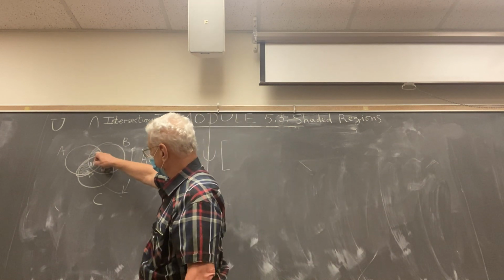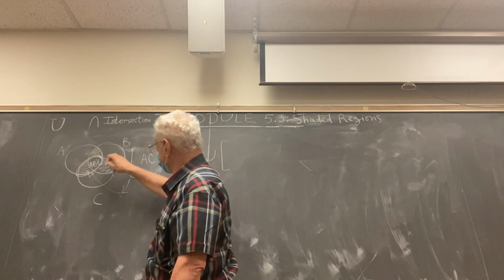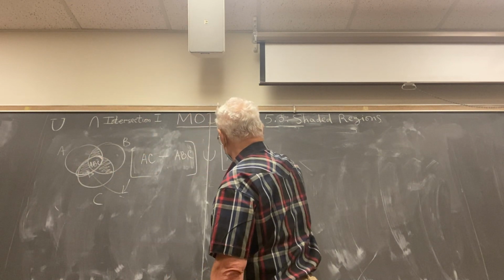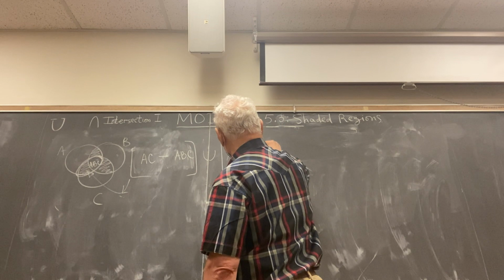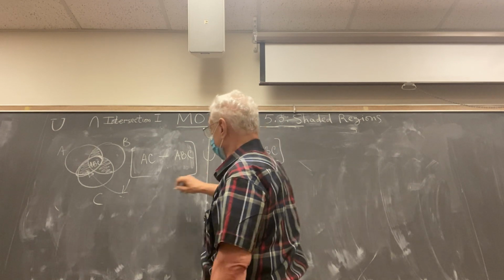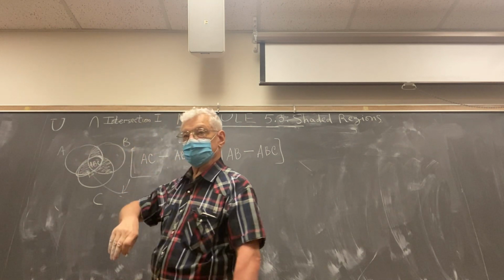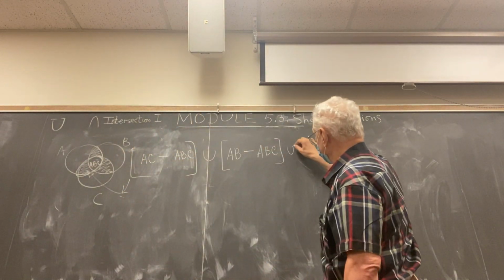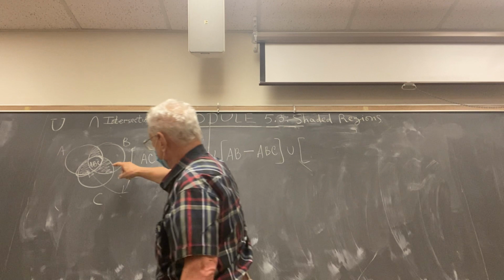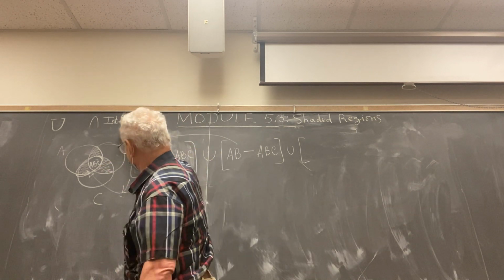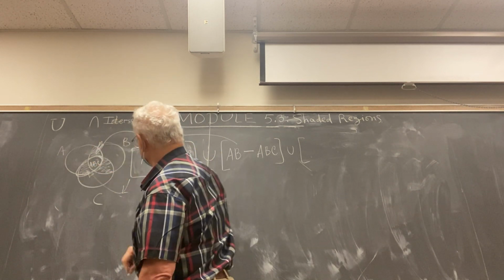Now what is this part? A intersection B, AB, and then minus again ABC. From this part I remove the middle. And after that union, and what is the left part? The remaining, that part is this one.